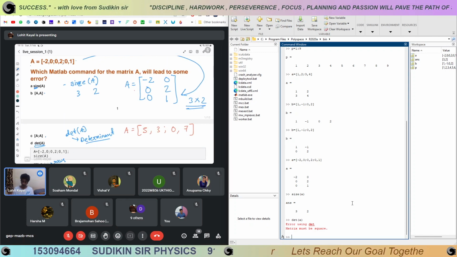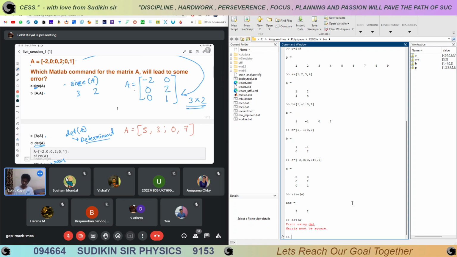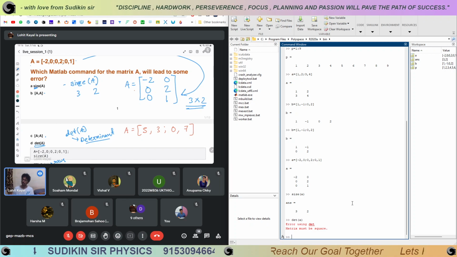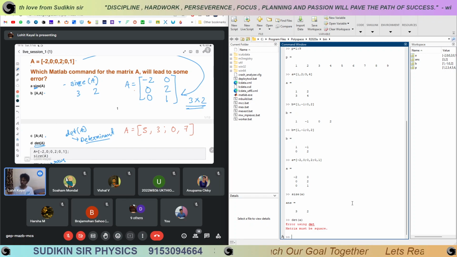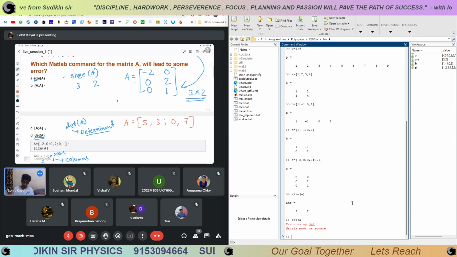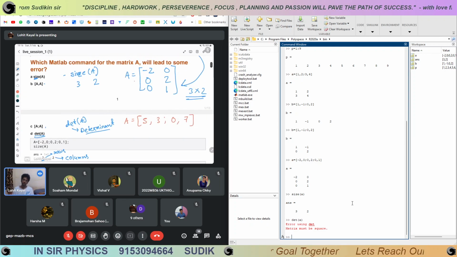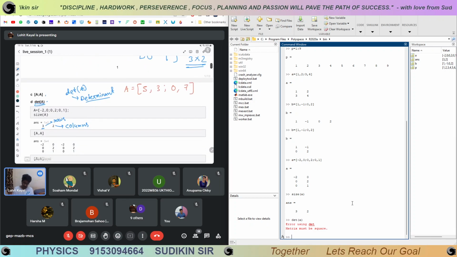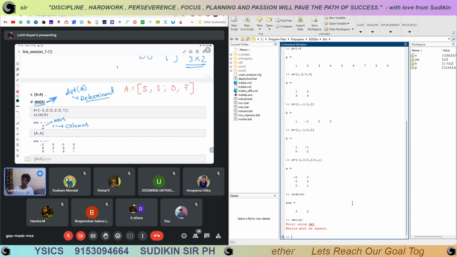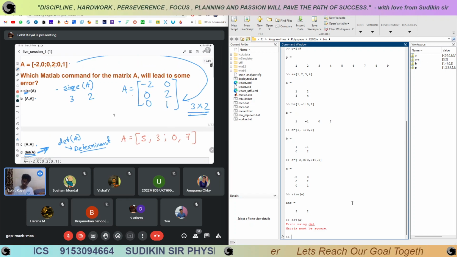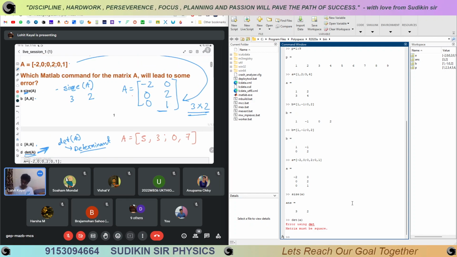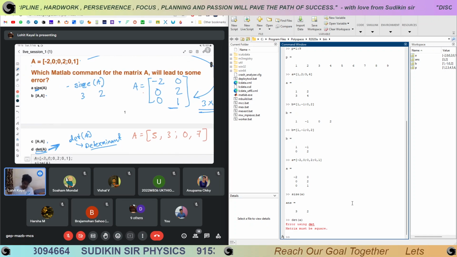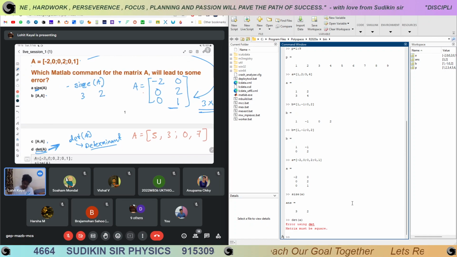For any rectangular matrix of this kind, m cross n, like a 3 cross 2 matrix or 5 cross 4 or 1 cross 2 matrix, you cannot find a determinant. Determinant will only work for a square matrix. If you write this in MATLAB, it will show you an error. So this is not consistent with MATLAB. We cannot find a determinant for this matrix. So obviously this option is the correct option, but most importantly, let's go to B and C.